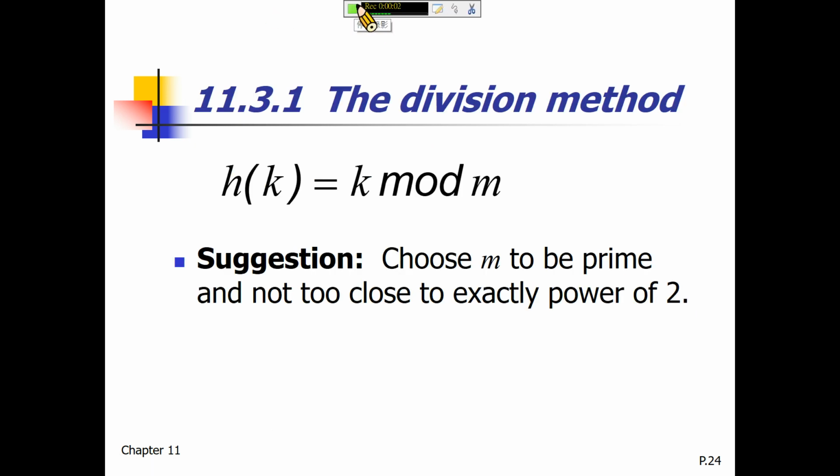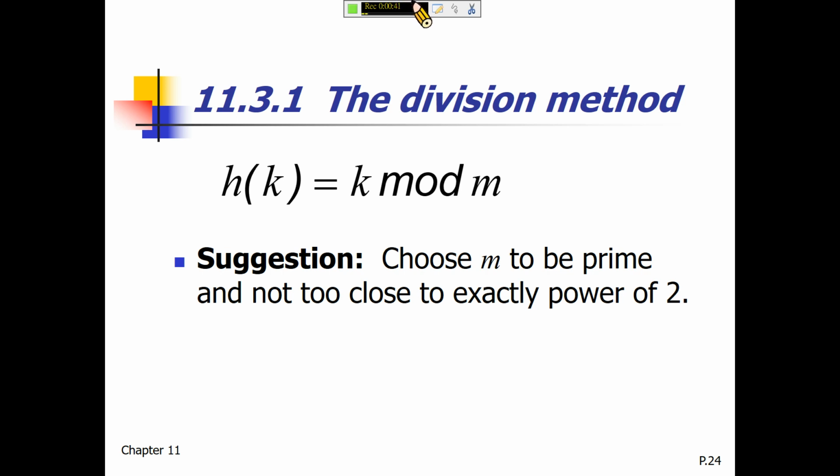So the first way to create a hash function is to use the division method. The division method is very simple. Basically, we just map a key k into one of the m slots by taking the remainder of k divided by m. That is, the hash function is h(k) = k mod m.